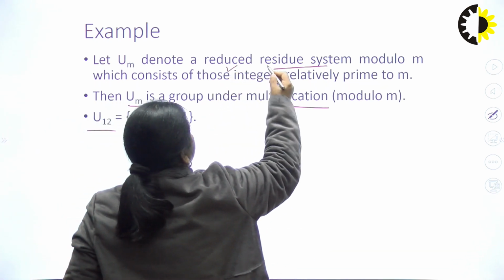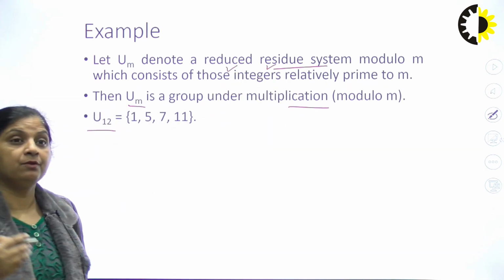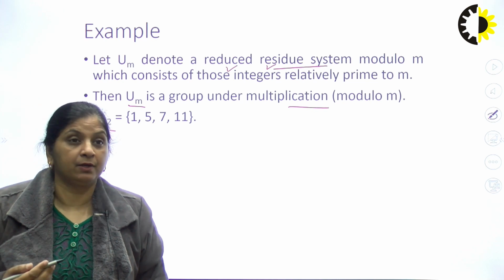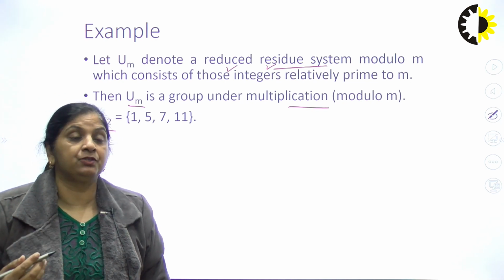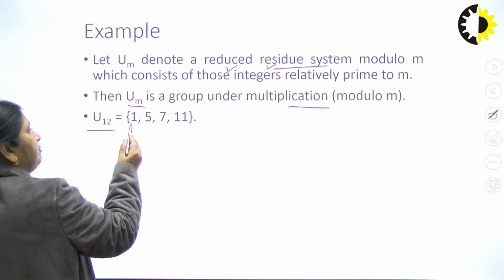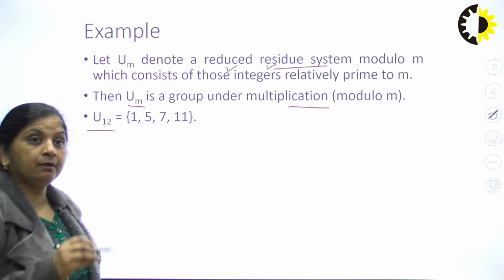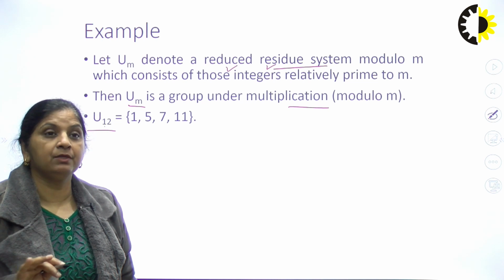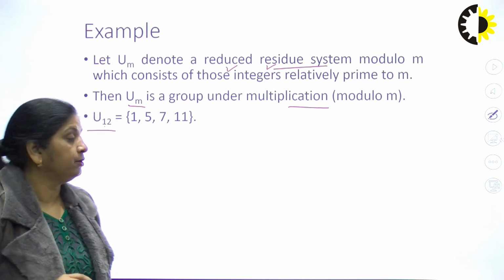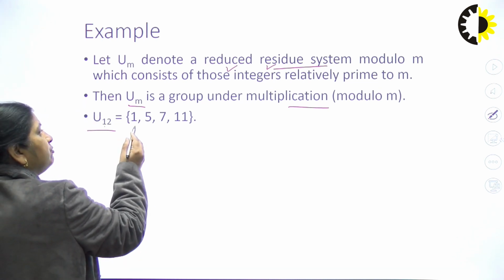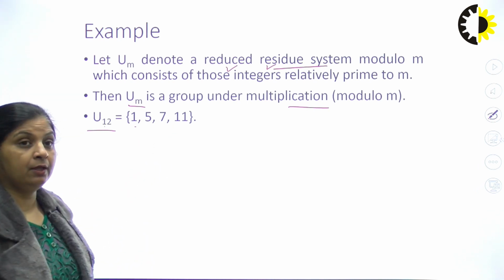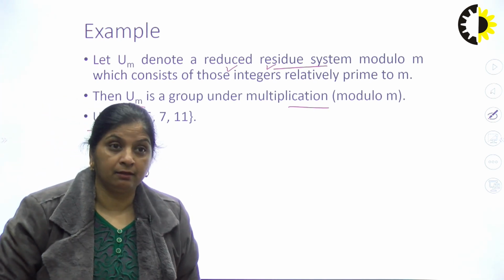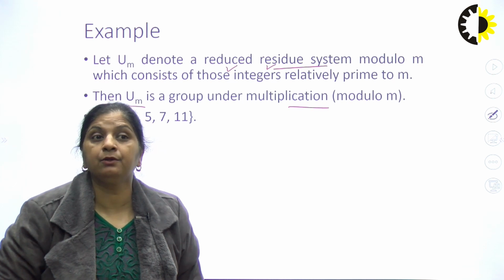Reduced residue set means we will take those remainder possibilities for which the element and 12 have only 1 in common, nothing else. It means they are relatively prime. So, if we consider the residues 1, 5, 7 and 11, these do not have anything other than 1 in common with 12.